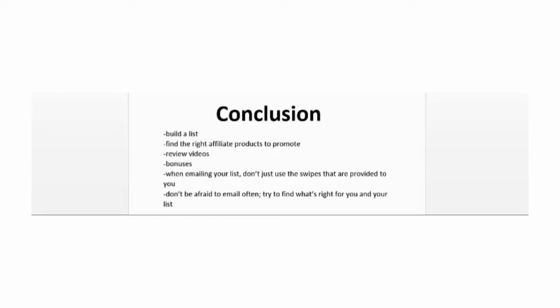And also, they're going to see your honesty too as you point out the negative features of the product. Okay, another thing you want to do is to create bonuses.